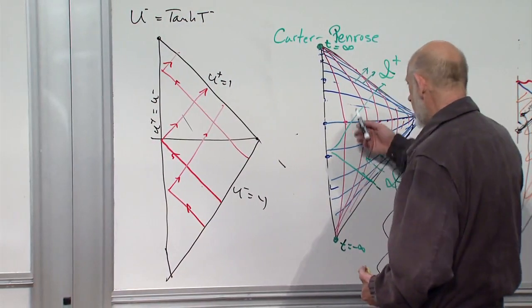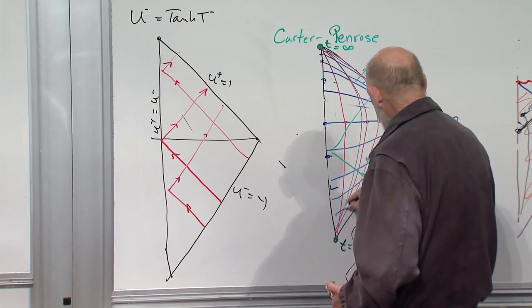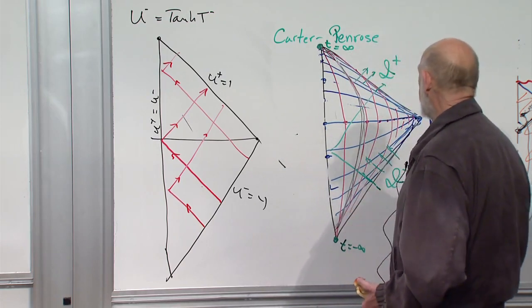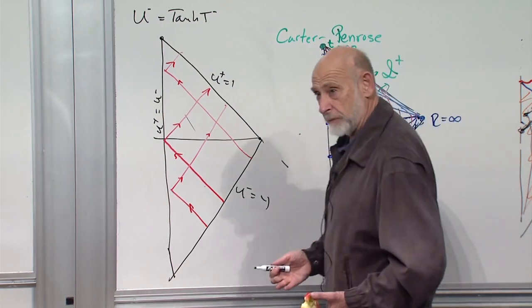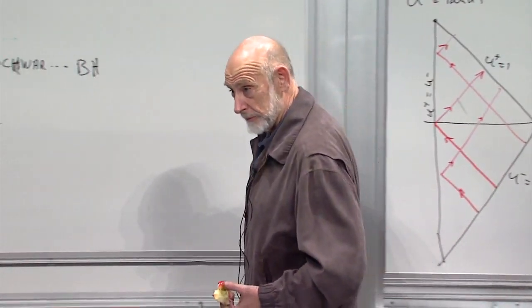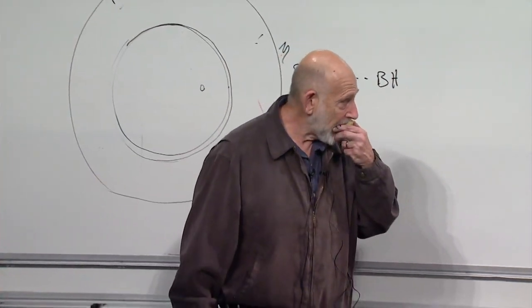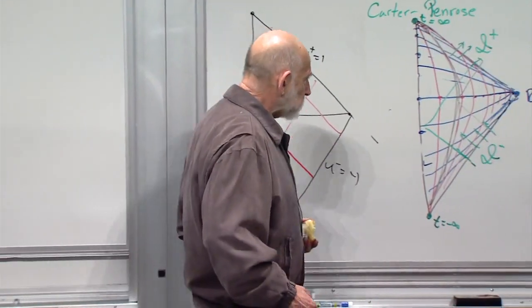So we can draw it on here. Here's the mirror. The mirror is at a certain distance away from the horizon, or away from the center. Light comes in and bounces off. And that's all that happens. So it's not until it actually crosses the horizon that you're committed to being inside the horizon. Yeah, that's right.